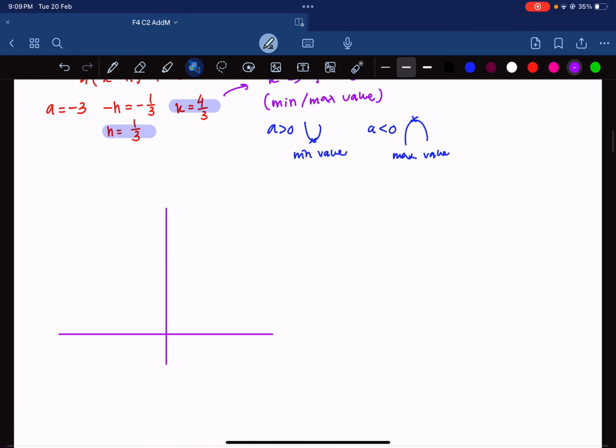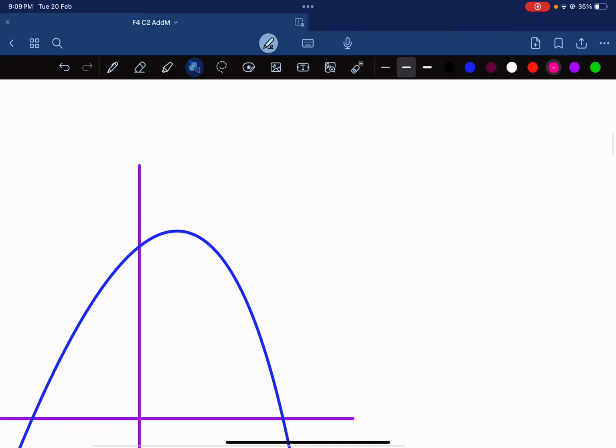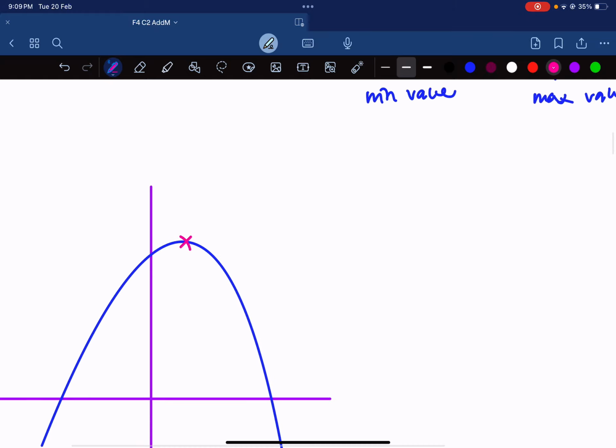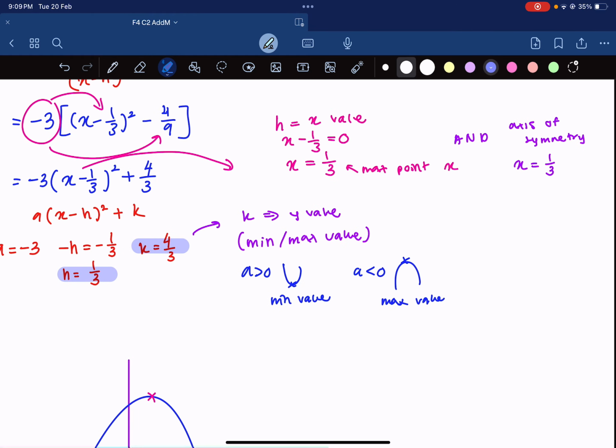Okay, so dalam graph macam mana translate benda tu kan? Let's say this is a graph negative, so dia akan masam. So I just buat graph masam lah, just a rough sketch. Lepas tu I nak tanda dia punya maximum point, sebab sekarang kita ada maximum point je. Maximum point is here, and that maximum point is actually the combination of X kat sini dan Y kat sini lah.